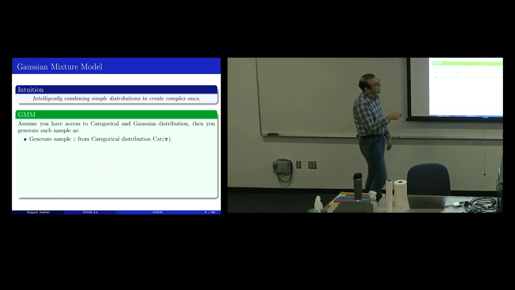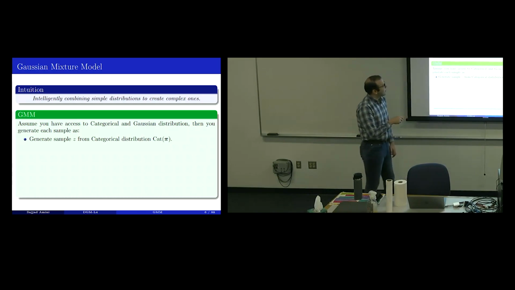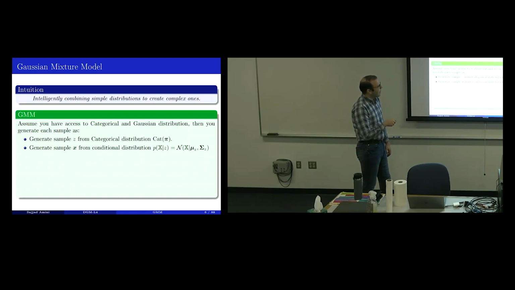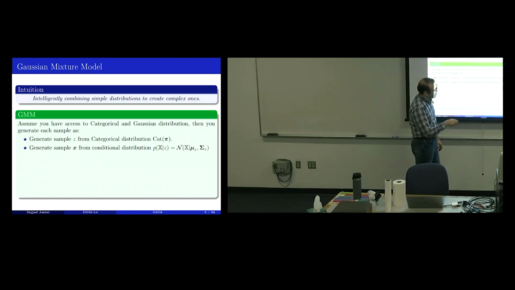So assume that I want to create this complex distribution. Assume that I have access to 2 types of distribution, one categorical and one Gaussian. Then we generate each sample as follows. First, I sample a Z from a categorical distribution with parameter pi. Then the samples are generated using this conditional distribution.